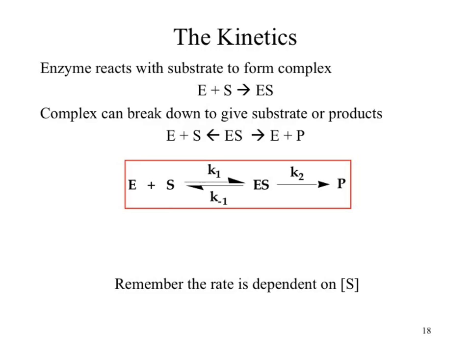We can put this all together into one expression. That's this big red expression here. Enzyme plus substrate will go through to form our enzyme substrate complex. The rate of that reaction will be dependent on our enzyme plus our substrate and the rate constant for that forward direction.